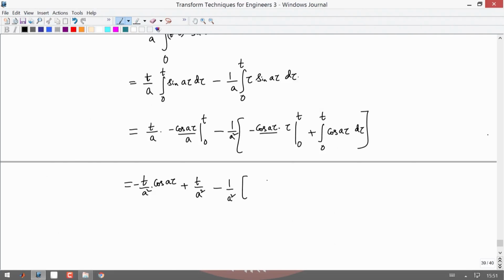So, I have a square, and if you for this you put this limits, you have t times minus cos a t, and this is going to be plus 0 when you put tau equal to 0, that is 0. So, this is what it is. So, this one plus and this is minus, this gets cancelled, okay, and then what you have.